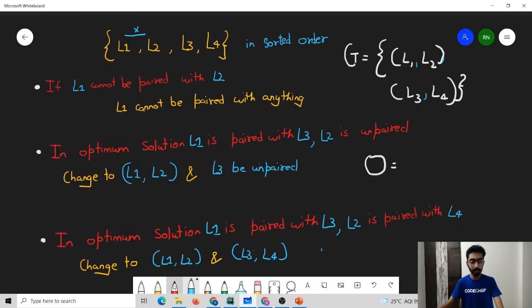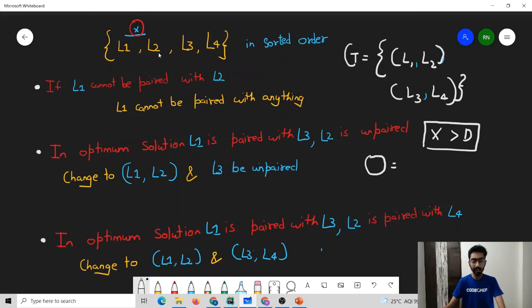How can I prove that? Let me assume that L1 and L2 have a difference of x. Since the difference between L1 and L2 is x, and the value of x is greater than d, because we have said that there exists no pairing, and when will pairing not exist? Only and only if this difference is greater than d.